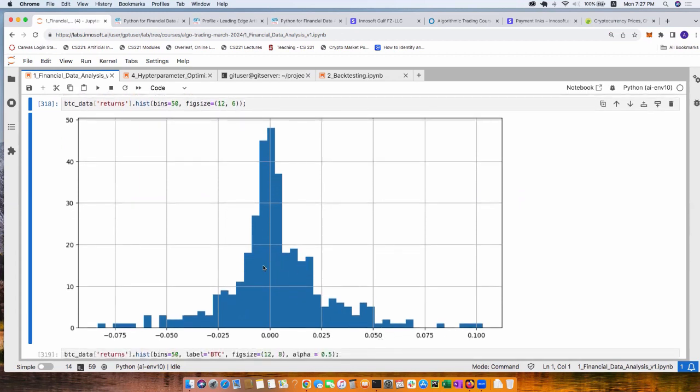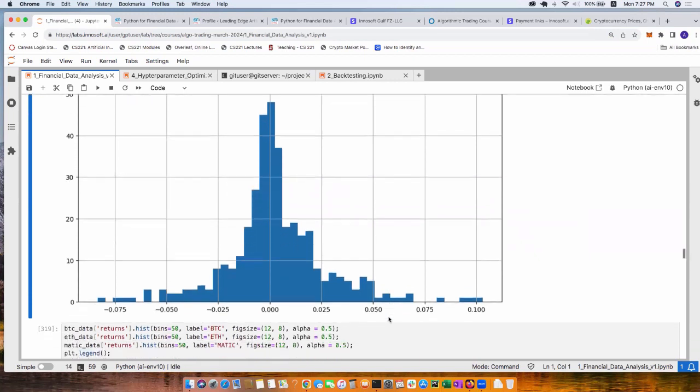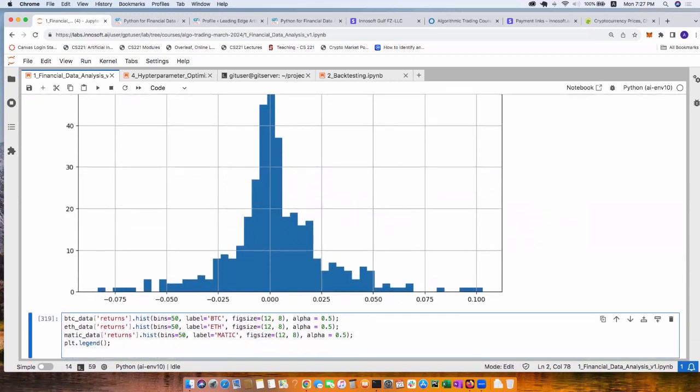If all the values are centered around 0, that means that for many, many days, here on the y-axis is the count of the number of days, the price pretty much didn't change. But if you see lots of observations on the extremes, left or right, that means that there is quite a bit of volatility.